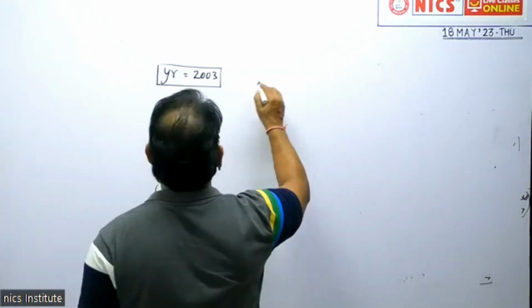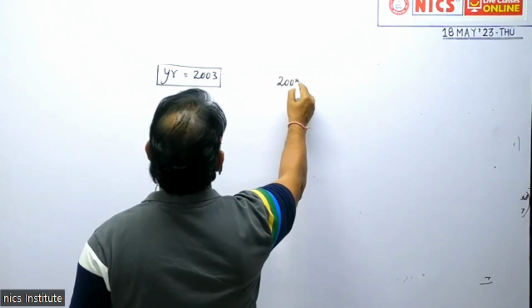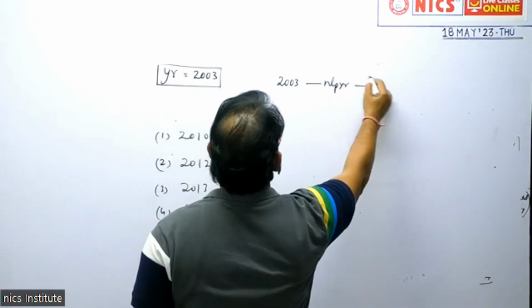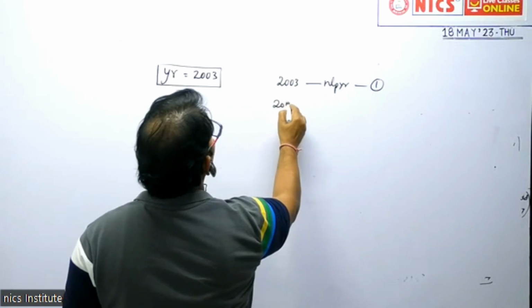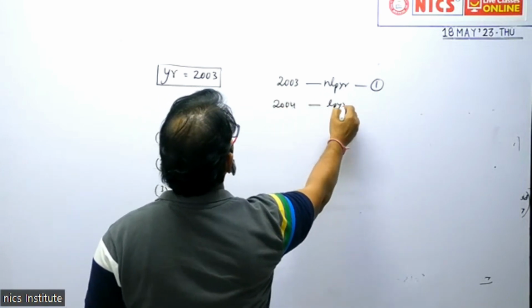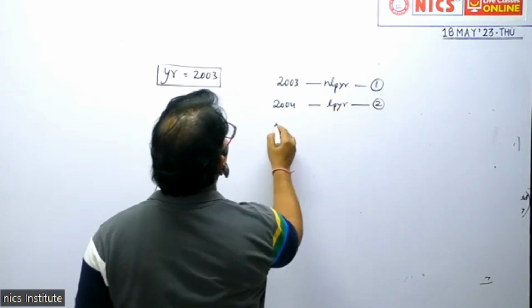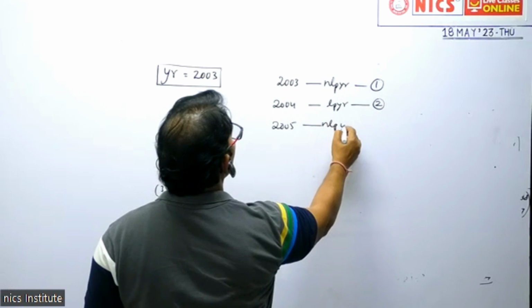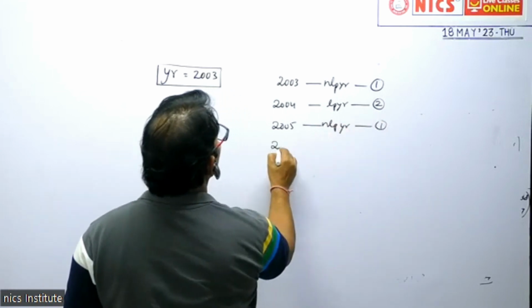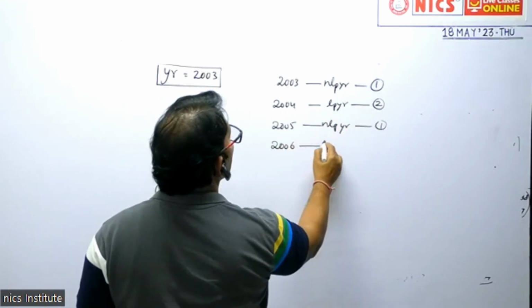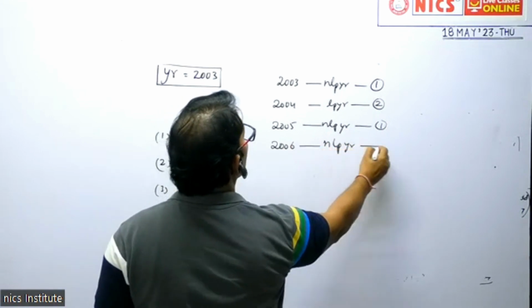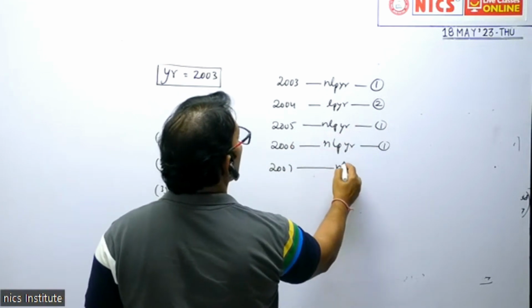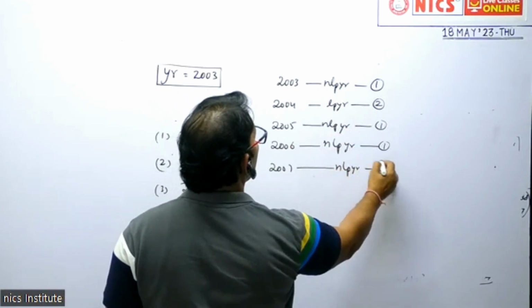So 2003 is a non-leap year, only one odd day. 2004 is a leap year because it is divisible by four, it has two odd days. 2005 is a non-leap year, one odd day. 2006, non-leap year, one odd day. 2007, non-leap year, again one day.